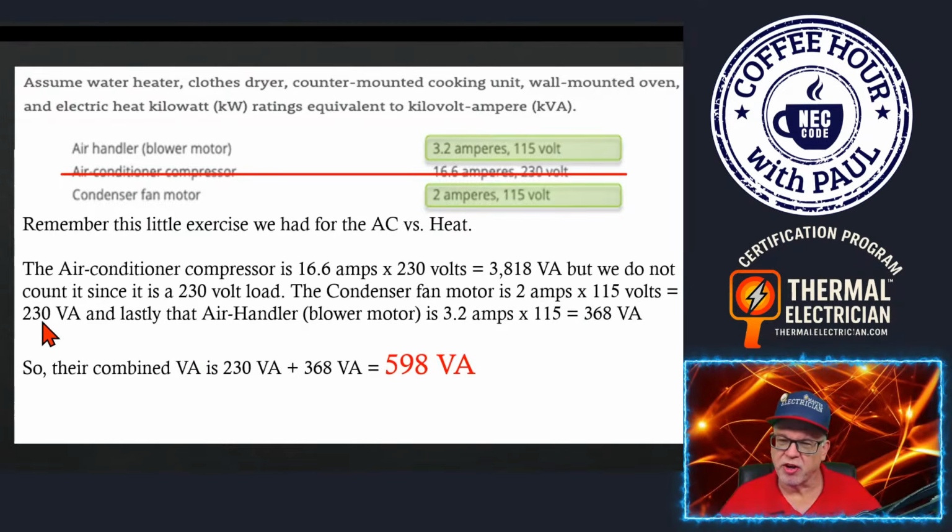So we're using that 230. And that air handler, which is 3.2 amps times the 115, 368. So we add the 230 and the 368 together. And that is our VA contribution for the neutral loads that have to do with our heating and air conditioning. So you combine the two and just take all of the 120 volt neutral loads to try to find out what that contribution is.